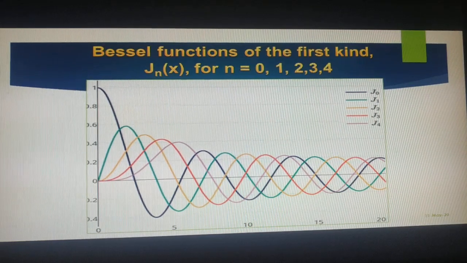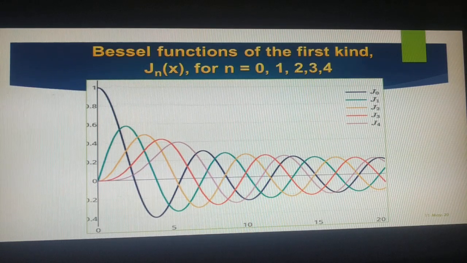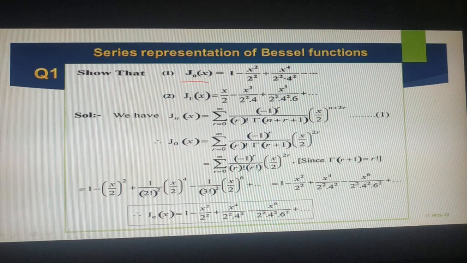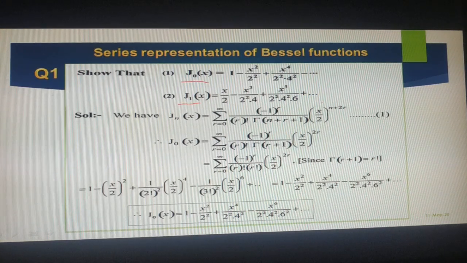These are some standard results which you should know how to write in terms of series. This is called the series representation of the Bessel functions. In the examination, they may simply ask you to find J0 of x, or show that J0 of x is in this series form and J1 of x in this form.